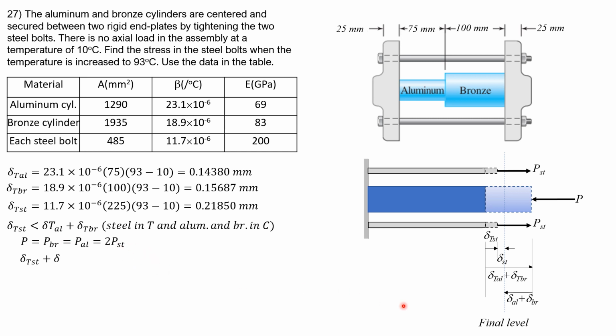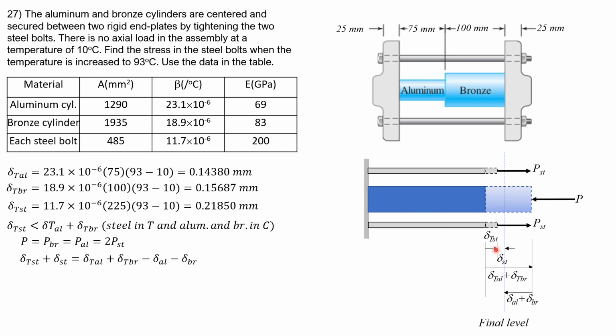So delta TST plus delta ST, this value here, should be equal to delta TAL plus delta T of bronze, then minus delta AL minus delta of bronze. I hope we are just equating this length here.